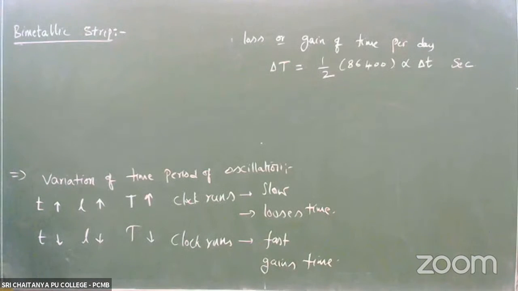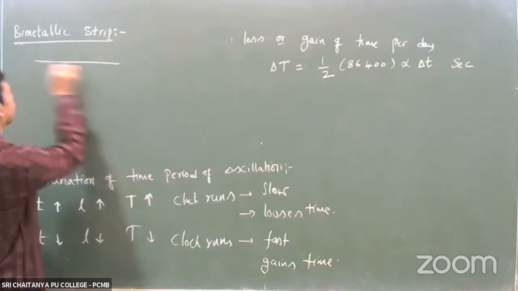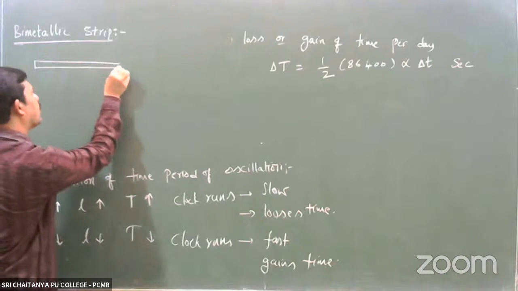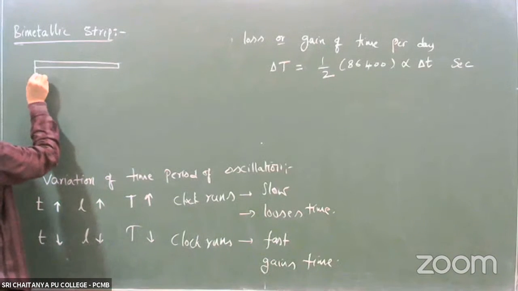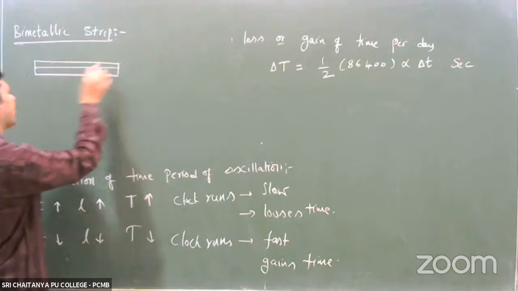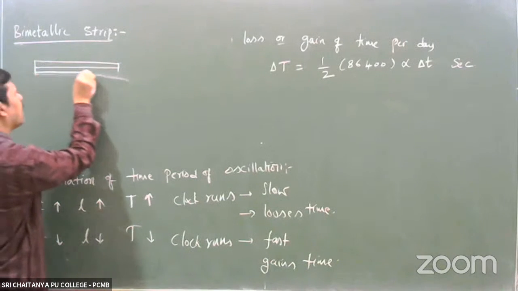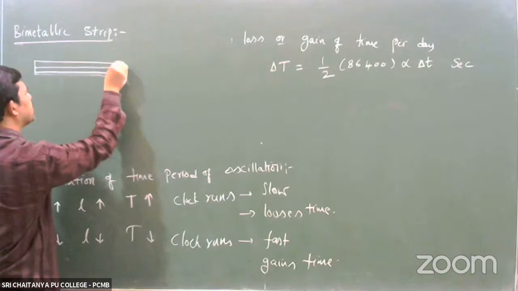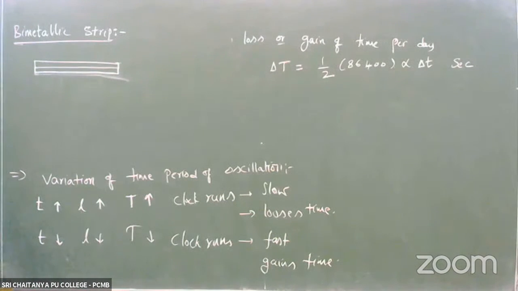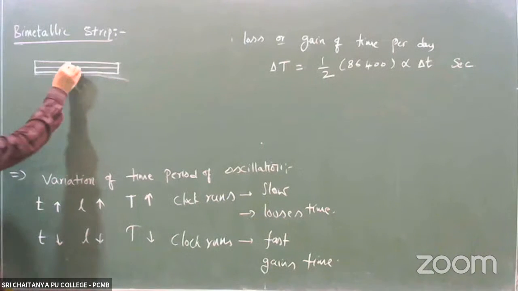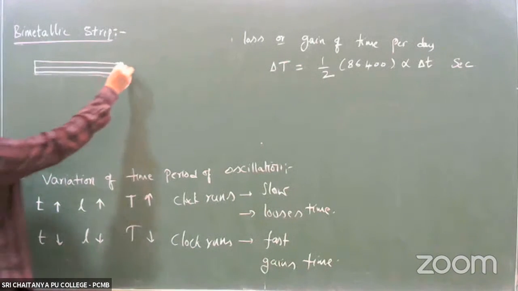Bimetallic strip is just a combination of two different metals, combination of two thin metal strips, right? This is one strip and this is another strip.